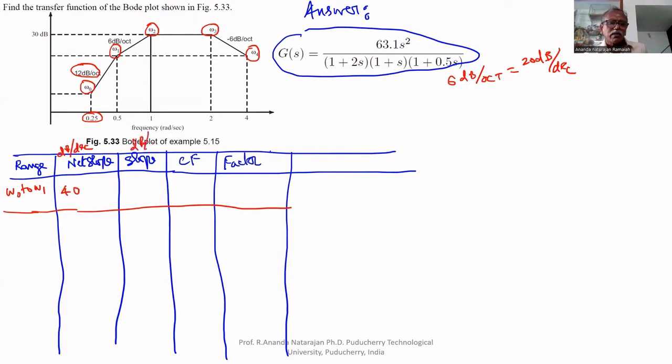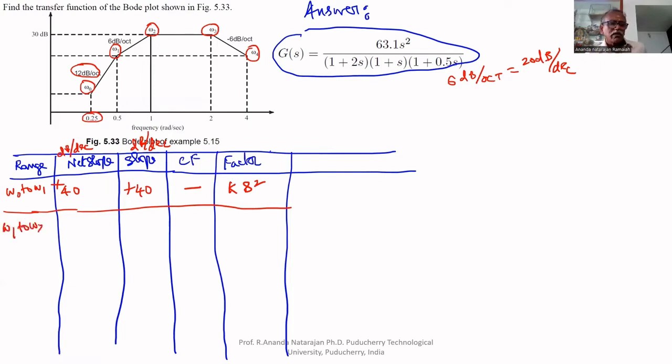So the net slope is plus 40. What is the corner frequency? No. K s square. So 40, that's why K s square. The numerator is squared because the slope is positive. That's all.